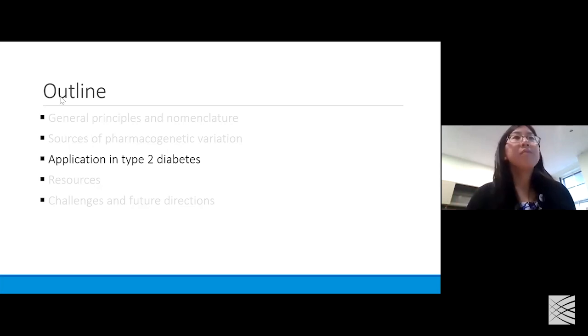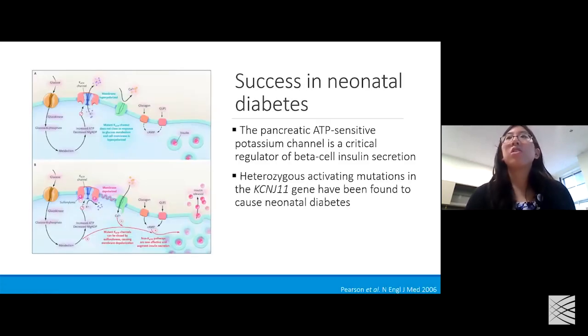Okay, so I'll move on to application in type 2 diabetes, but before I do that, I wanted to highlight that pharmacogenetics has been successful in neonatal diabetes, and kind of describe this. I've presented here a figure showing the insulin secretion pathway in the beta cell in response to glucose.